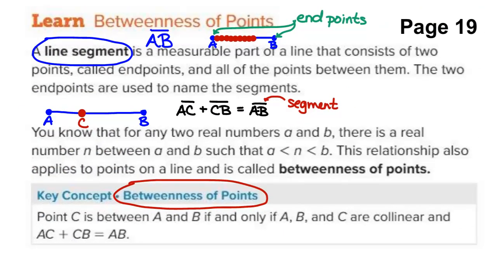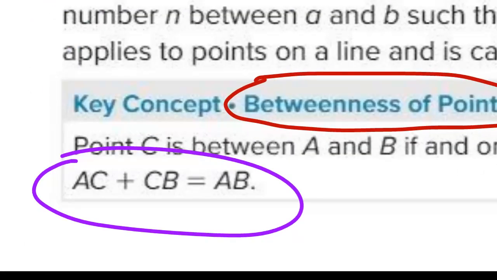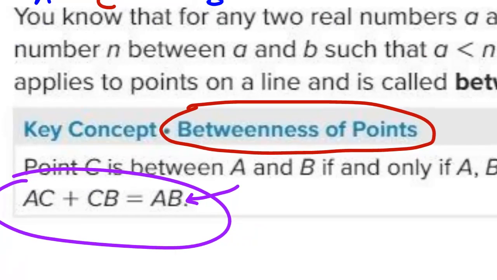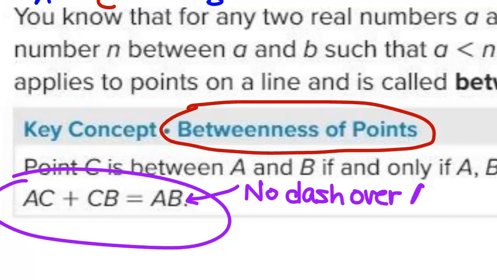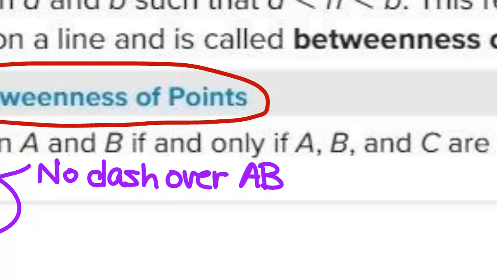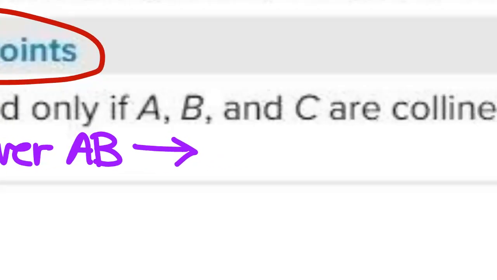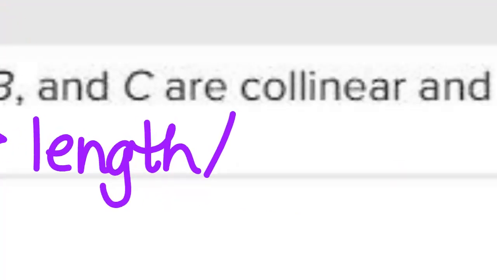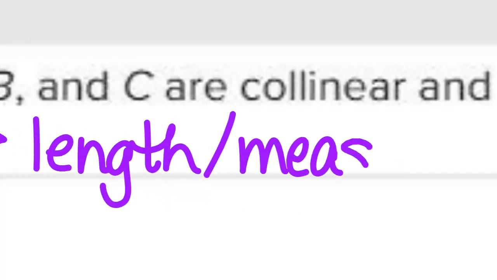Remember, I told you a line with the two arrows means one type of object, that's a line. A dash with no arrows means something different. I'm talking about a segment. And when we don't have any dashes at all, so like this down here, no dash over AB, what that means is this is the length or the measurement of the segment.